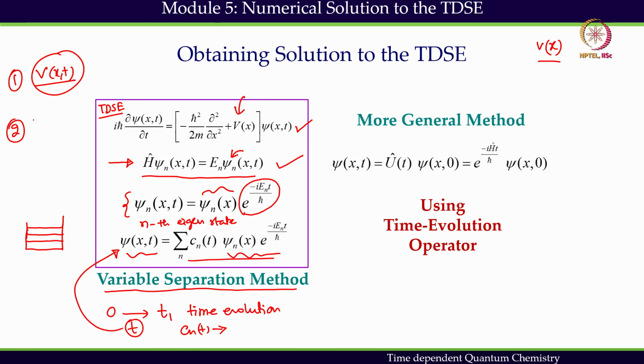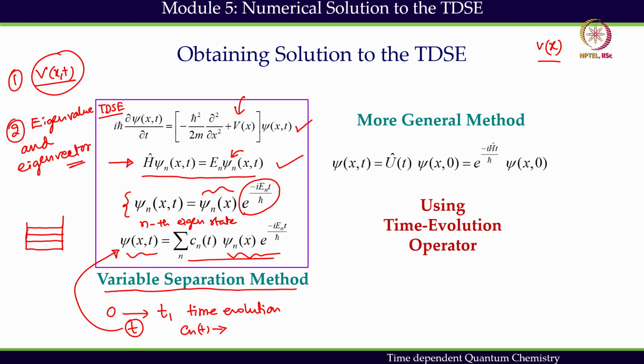So, if I want to get a solution of TDSE with the help of eigenvalues and eigenvectors, it may not be practical because a very large number of states are needed, or because the calculation of these states is too expensive.